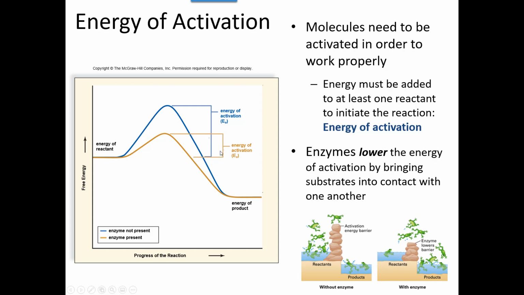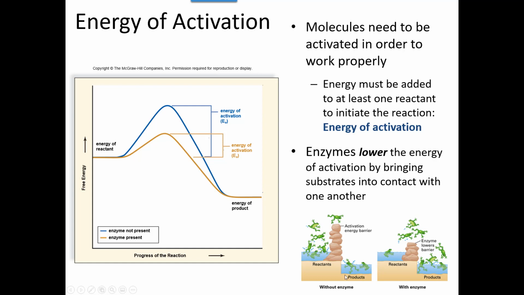I like this analogy with the frogs jumping over this big, huge barrier. So if these are my reactants and these are my product frogs, for these reactant frogs to become a product, they have to jump pretty high. They need quite a bit of energy to jump over that wall to become a product. And if they don't have enough energy present, they're not going to be able to jump over that wall and become a product.